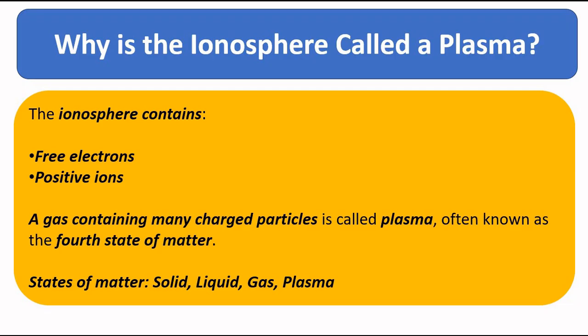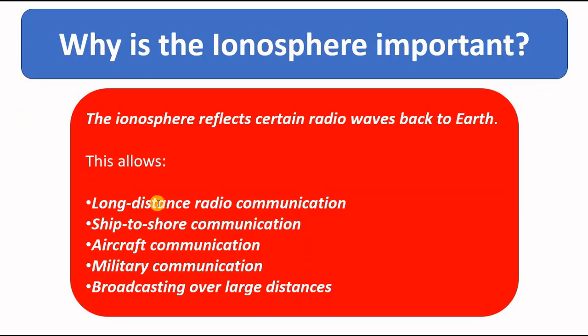Now why is the ionosphere important? It is important because of the presence of these charged particles. It helps in the transmission and reflection of radio waves back to the earth.